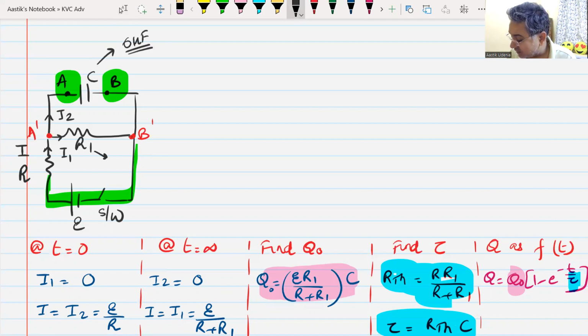The value of this R1 is 10 ohms and the value of this R is 20 ohms and this battery is 2 volt. Do we understand this? Same question. Nothing has changed.